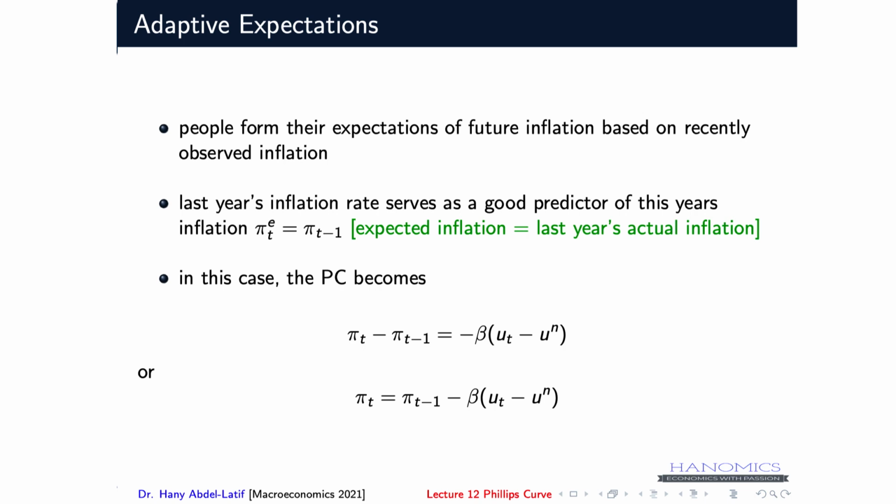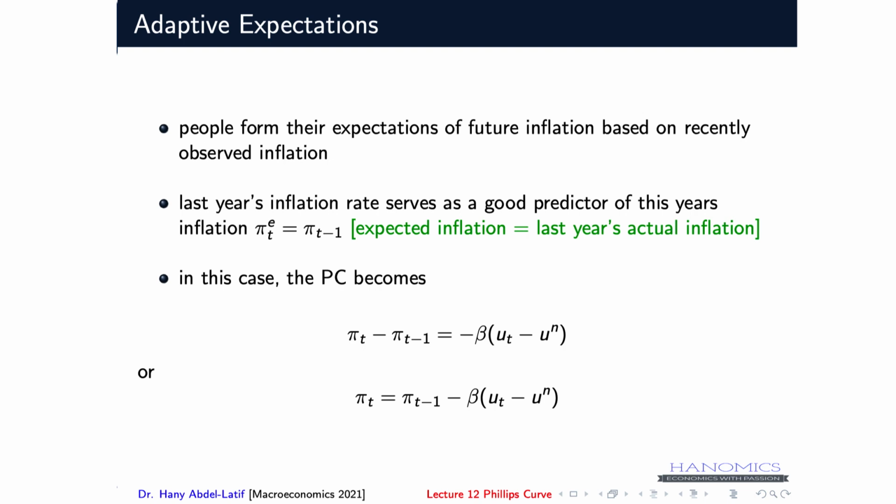Last year's inflation rate, or the last time period, t minus 1, whether you talk about months, quarters, or years, serves as a good predictor of the t inflation rate. So you can write it that way: the expected inflation in time t equals the actual, or observed, inflation in time t minus 1.